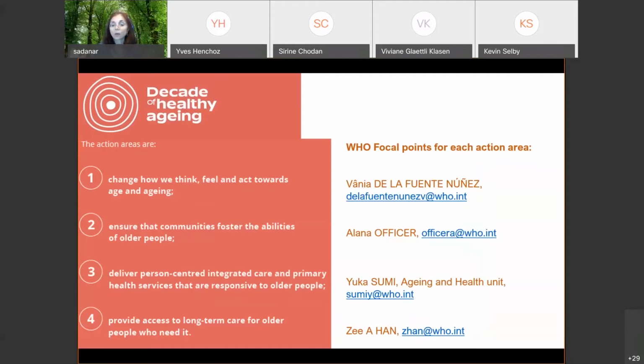Finally, which is very much connected, a fourth area is to provide access and build up the systems for long-term care for older people who need it.